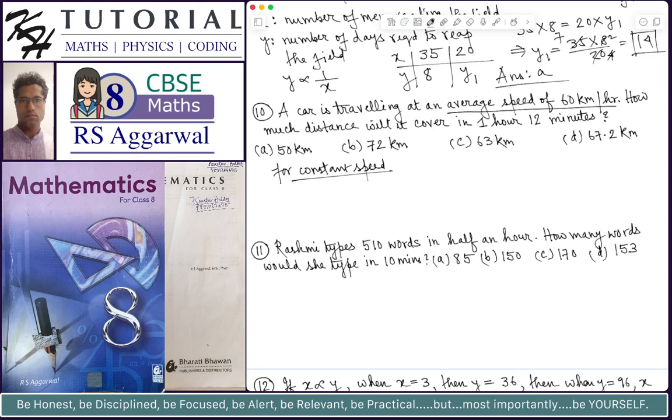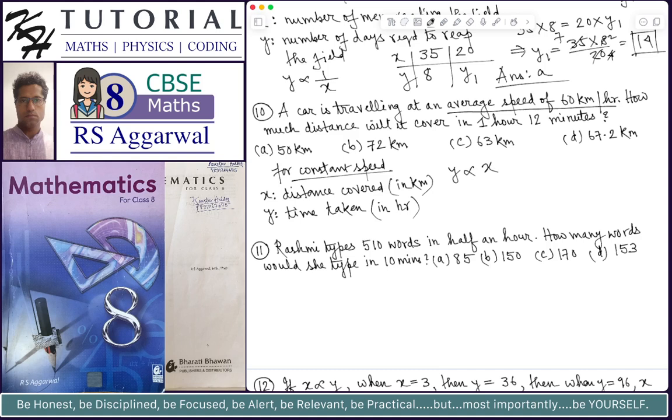If we consider the quantity x to be the distance covered in kilometers, and y to be the time taken to cover the distance in hours, then the time taken will be directly proportional to x, because the speed is constant.